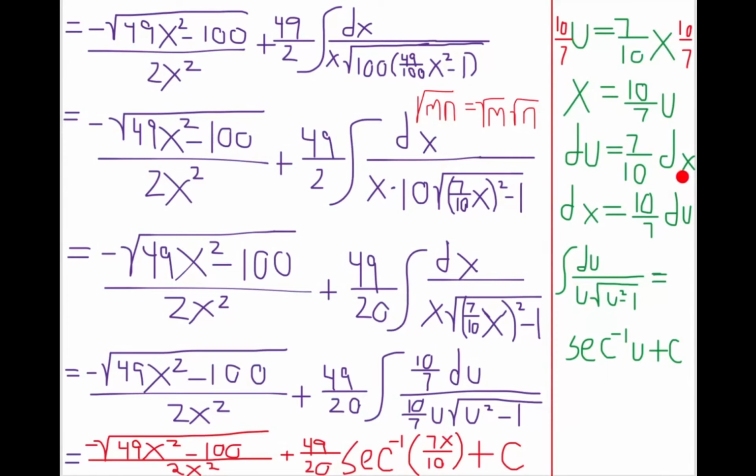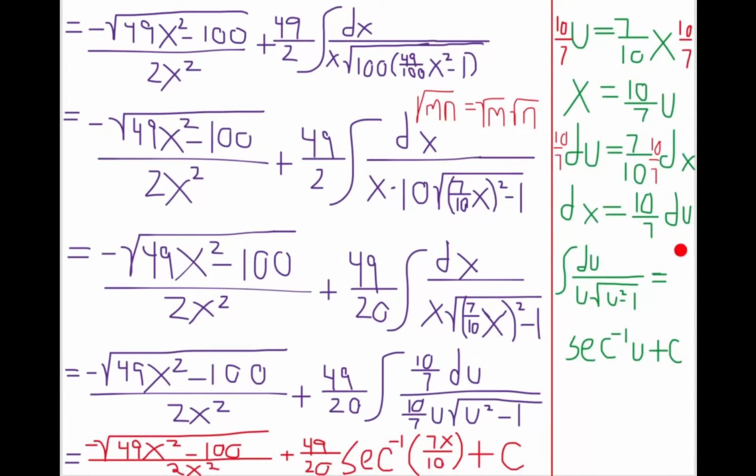If I want to solve for dx, I can just multiply 10/7 on both sides, like we did a second ago. I don't really have room to do that here. I guess I can just show you on here. All right, so if I do that, these cancel and I get dx is equal to 10/7 du.